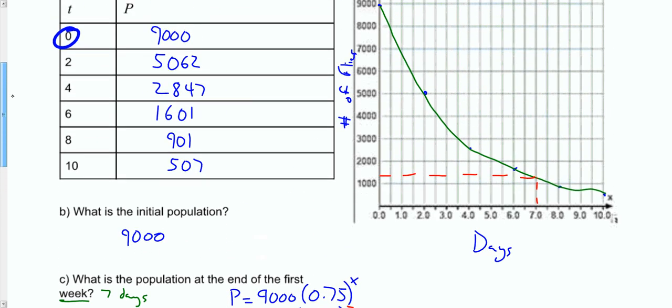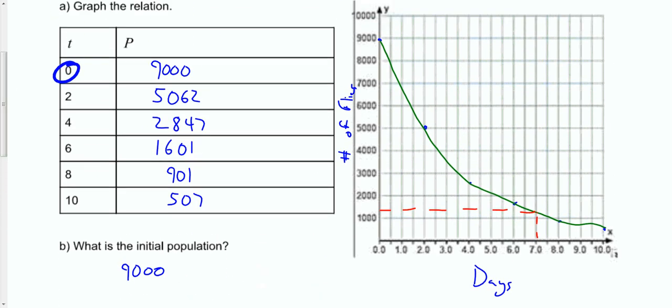So again, if I go back to my graph, the graph that I've drawn, 4,500 would be about here. So I'm going to draw my line over, and now I'm going to come down. Okay, and so it's a little under 2.5, so I'm going to call it about 2.4.